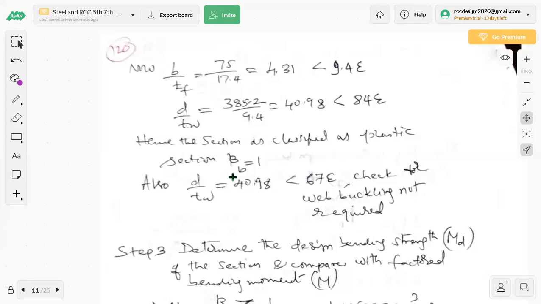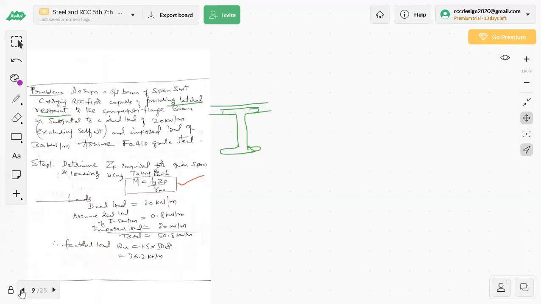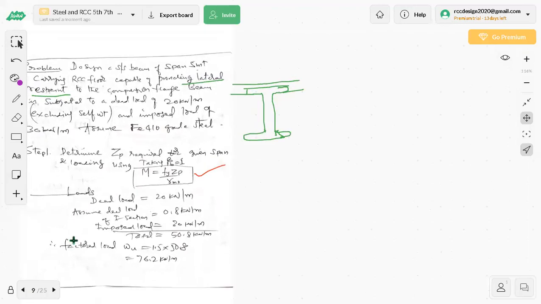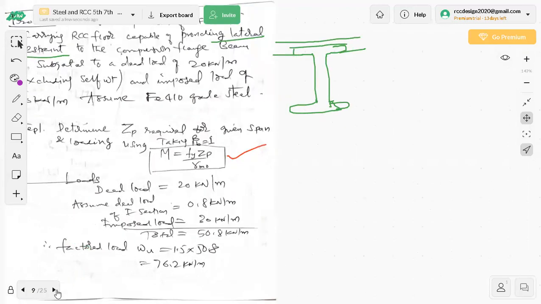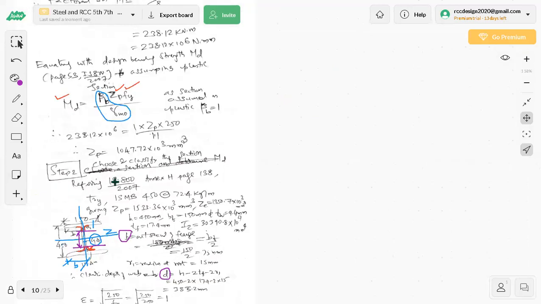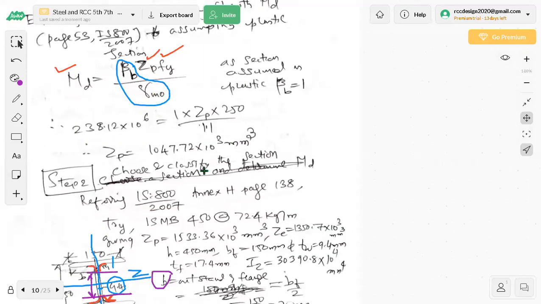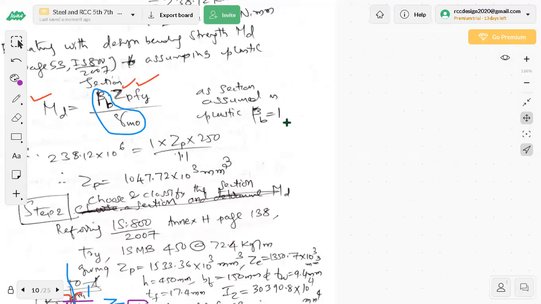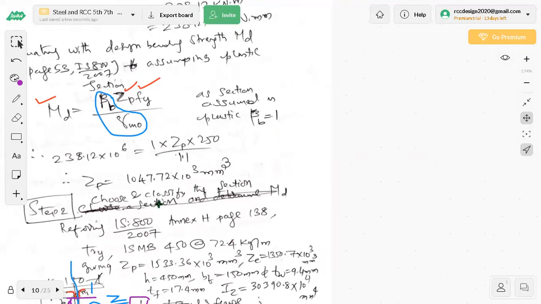Now I need to check whether my assumption is okay or not. I have assumed the section is plastic, correct? Beta b equal to 1 is taken when the section is assumed as plastic. Now I should check whether the section is in fact plastic or not. Here it was assumed; here I am going to check it.